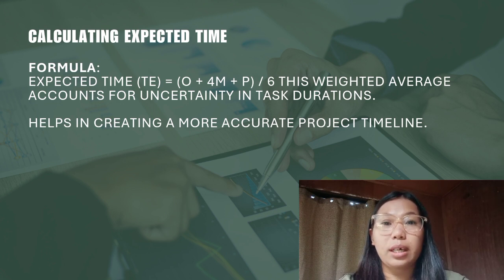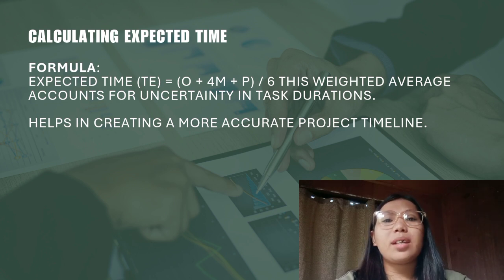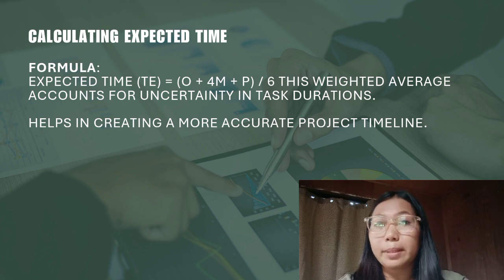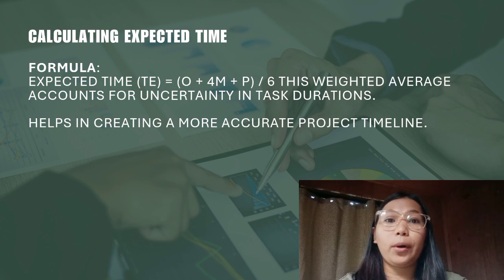That's why it's multiplied by 4. This weighted average accounts for uncertainty in task durations. It gives us a realistic idea of how long the task might take, not too optimistic or too pessimistic. Through this, it helps us in creating a more accurate project timeline.